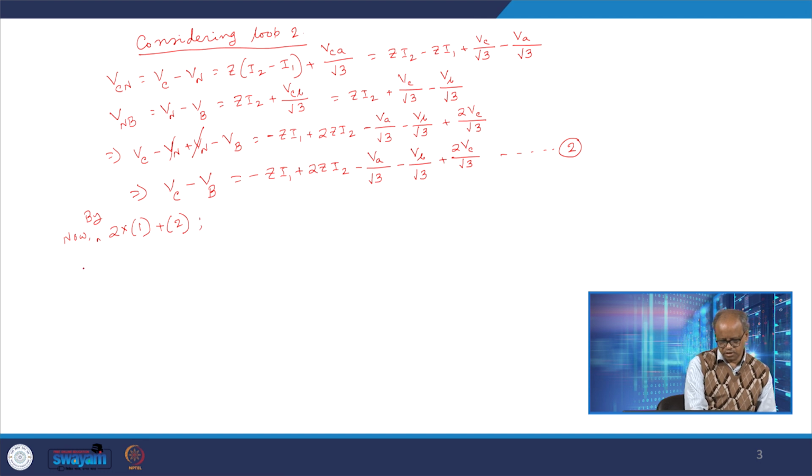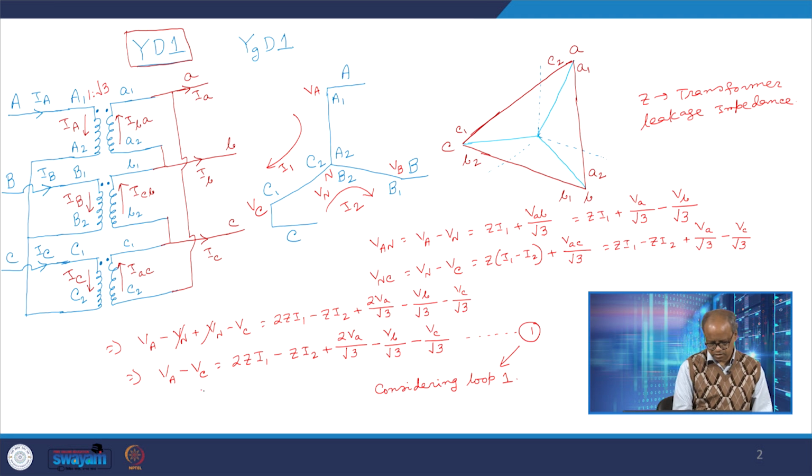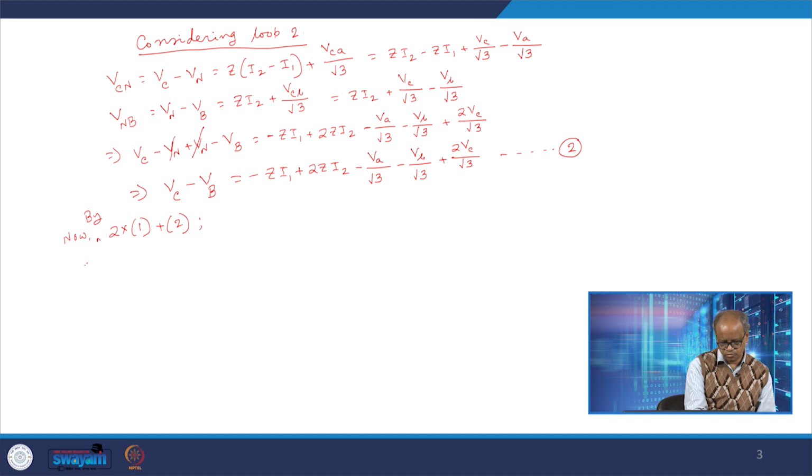If I multiply the first equation by 2, the left hand side is 2 into Va minus 2Vc, capital C, and from this, V capital C minus Vb.